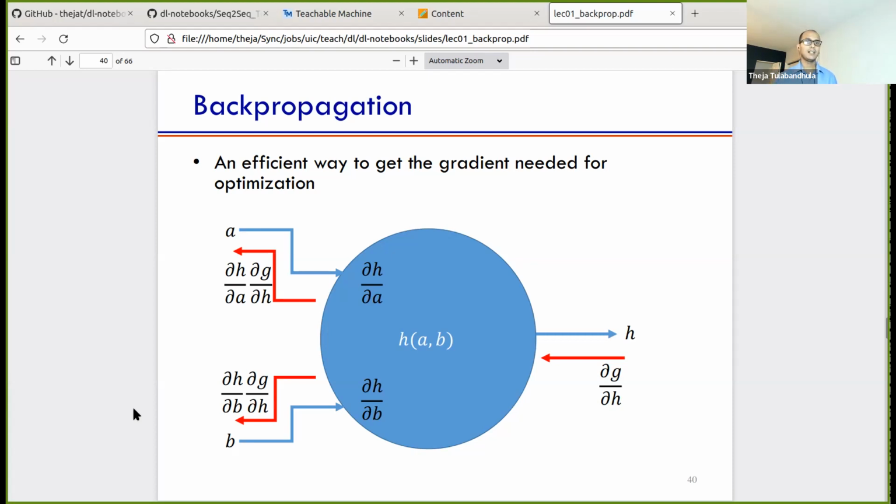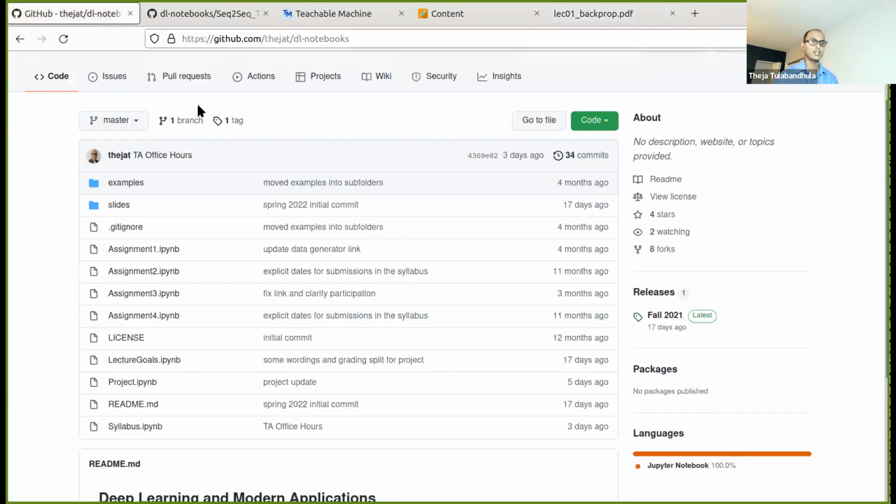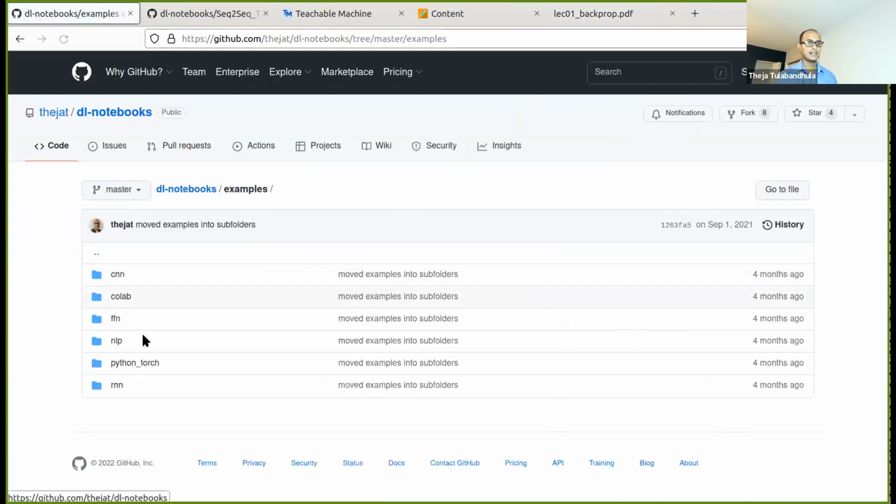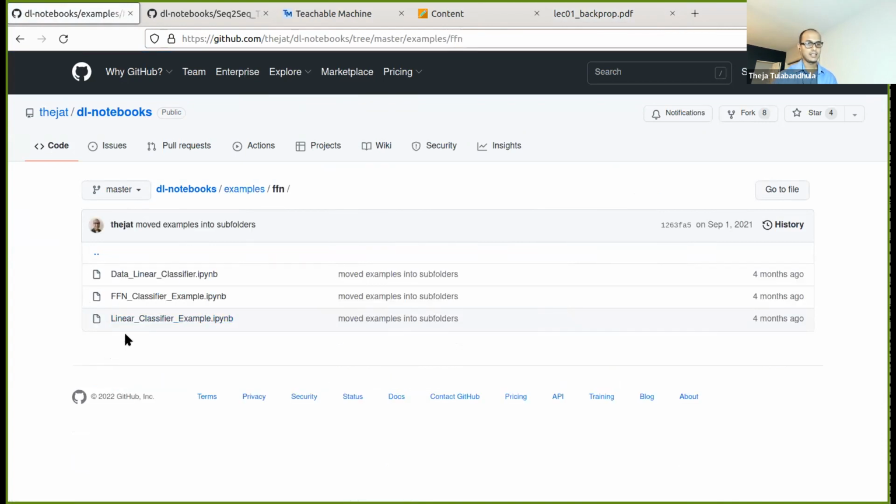But in the meantime, if you want to try out and get started on Python, I would say clone this repository or download this, go to the examples, and try running this linear classifier example. Or you can look at Assignment 1, which will tell you what the moving components are.